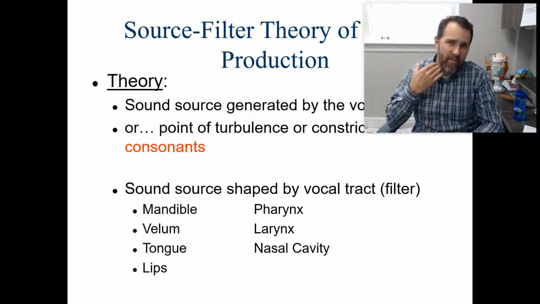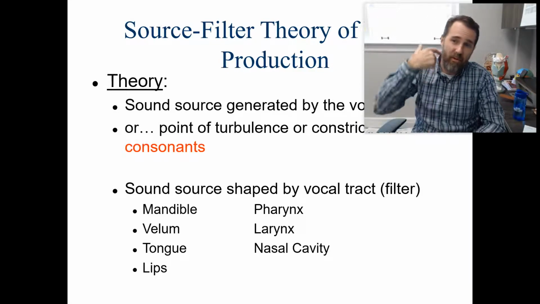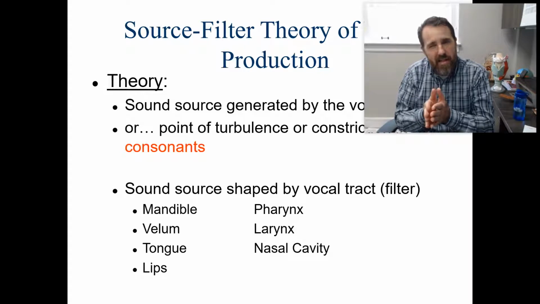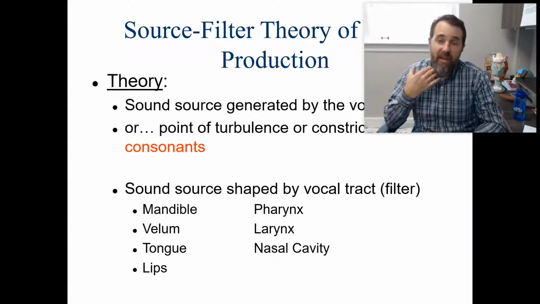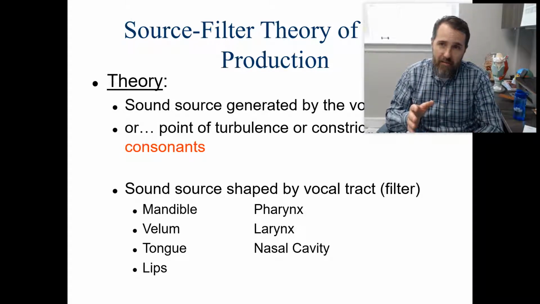And it's a raw buzzing sound at the level of the larynx. So if you took a microphone and you threaded it back into your pharynx and listened to the sound of phonation within your pharynx, it would just sound like a buzzing noise. Zzz, it would sound like that.